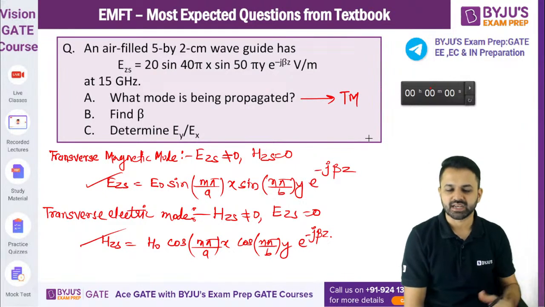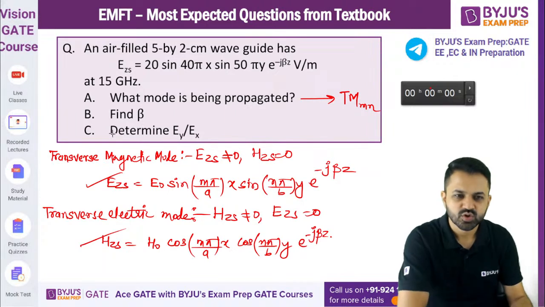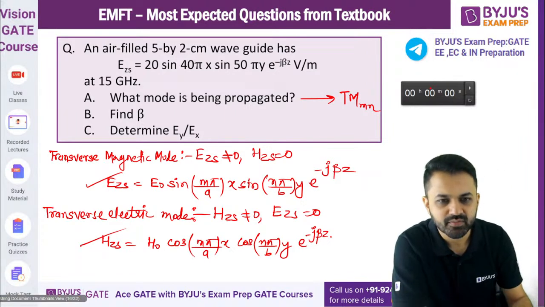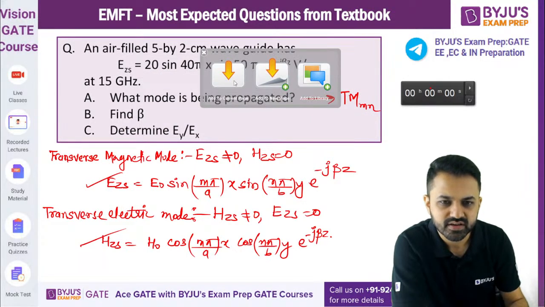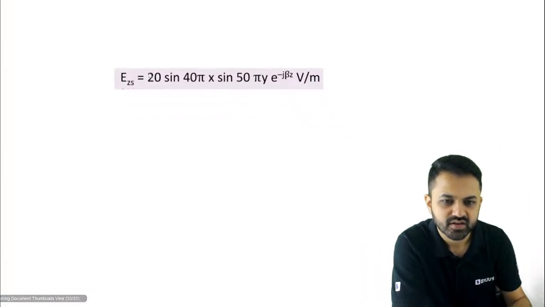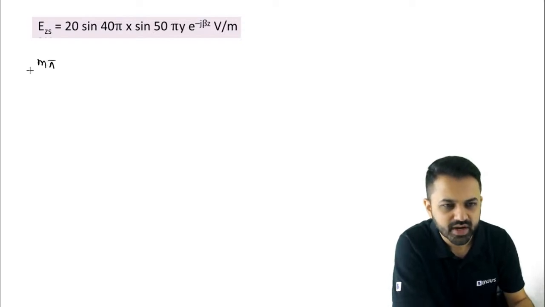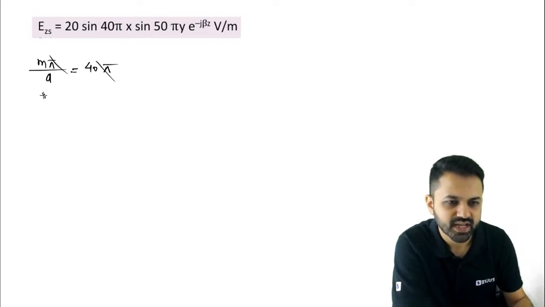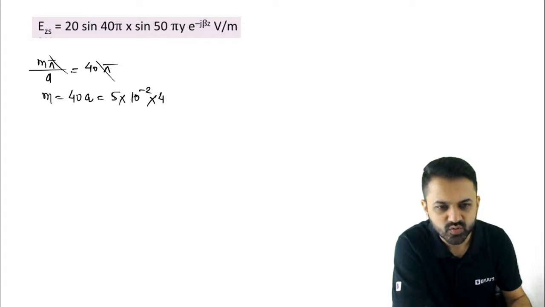Now which exact TM mode will be propagated, what is the value of m and n? To get the value of m and n, we will compare this. Here if I compare, I am getting m pi by a equal to 40 pi. So pi and pi get cancelled and m equals 40a. a is 5 centimeter, so 5 into 10 to the power minus 2 into 40.